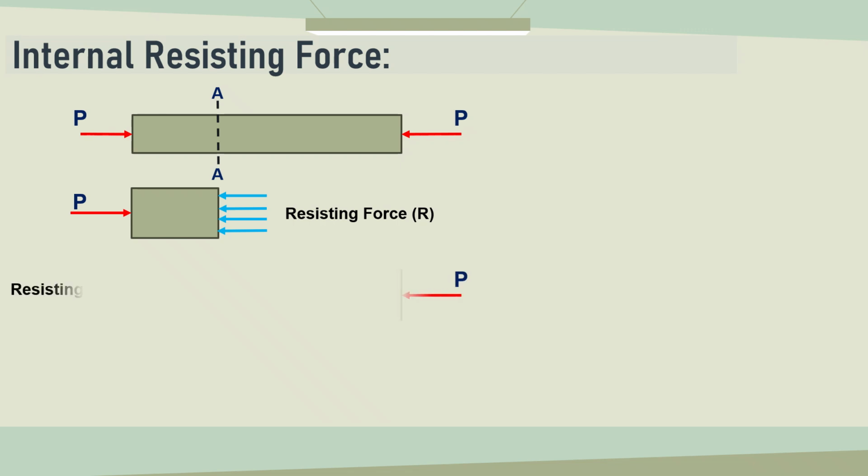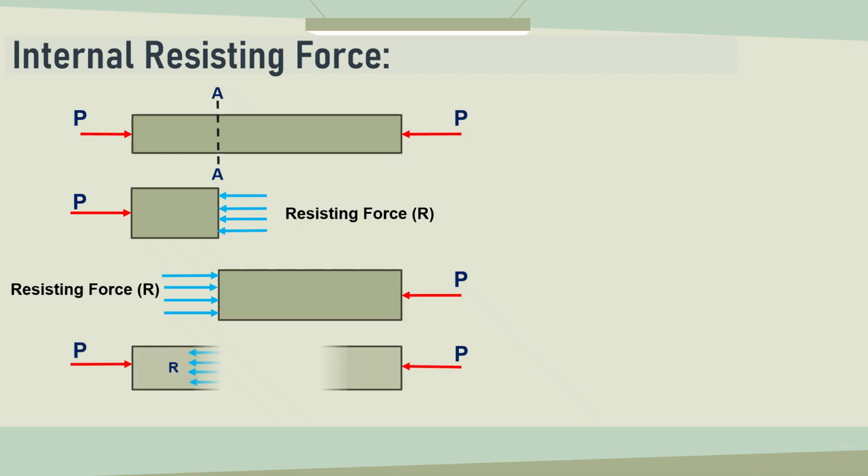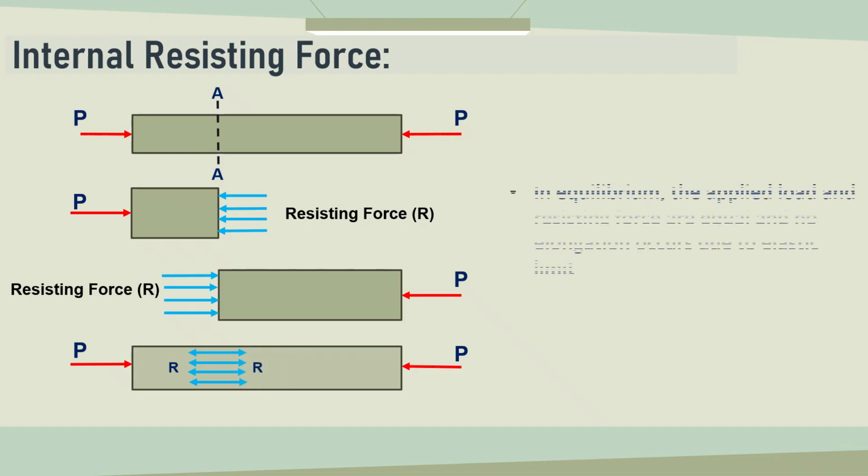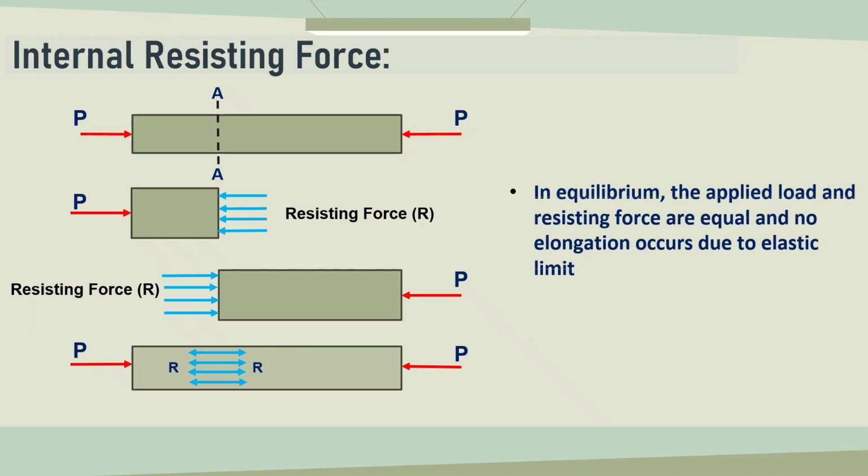Similarly, on the right-hand side, the resisting forces will act in the opposite direction to the applied load. Hence, the body will remain in equilibrium, and no further deformation occurs. But note, this equilibrium will persist only till the elastic limit of the material.